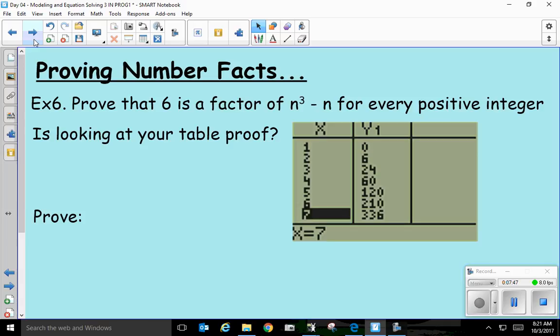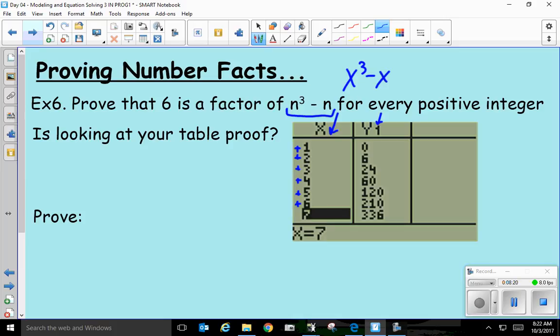If I graph in y1, and I use x's instead of n's, because our calculator uses x's for variables, if I put an x cubed minus x in the calculator instead of n cubed minus n, and I looked at my table, this is what I would get. So look at, for every positive integer that we put in here, 1, 2, 3, 4, 5, 6, they're saying the output is a factor of 6.